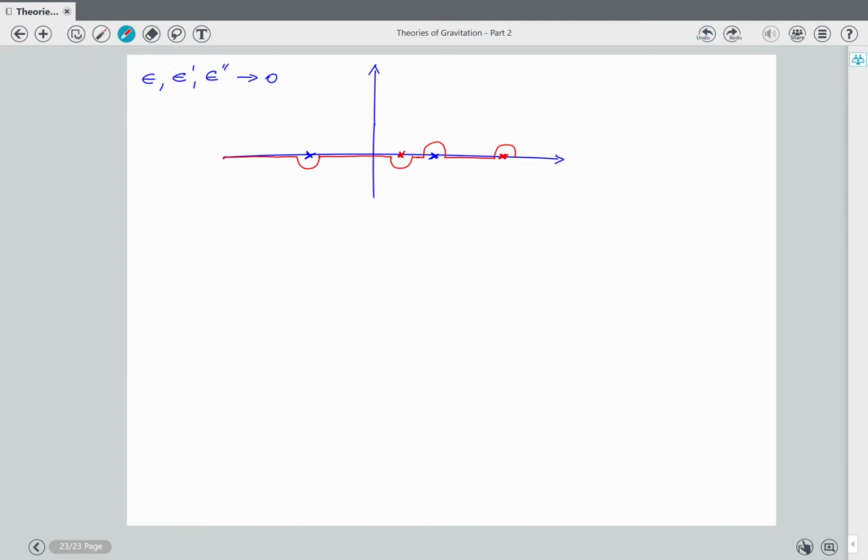This is called pinching singularity. So the red one moves depending on P0, the blue one doesn't. The two poles from opposite sides pinch the integration path. It's called pinching singularity.